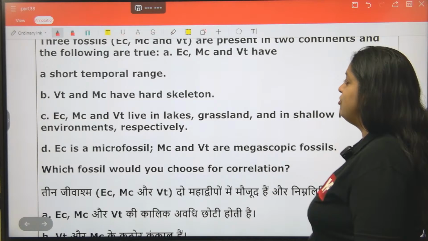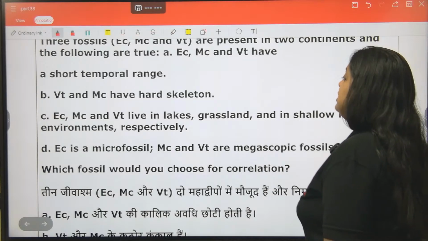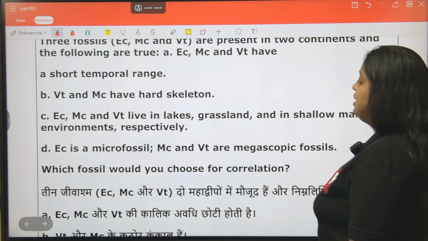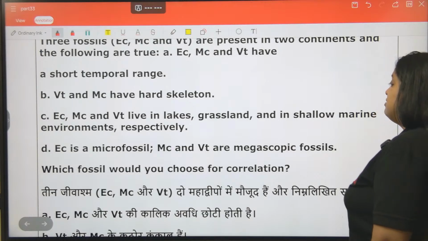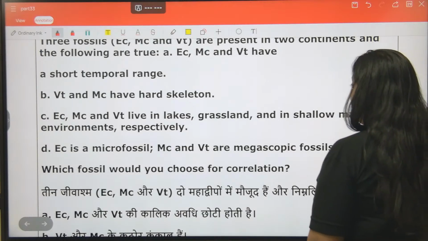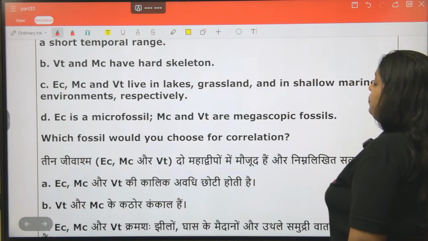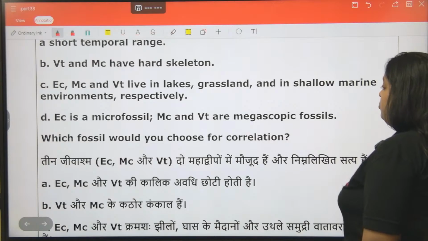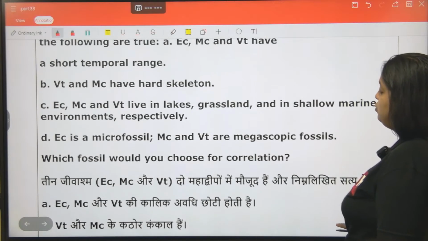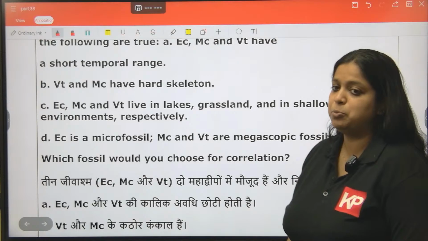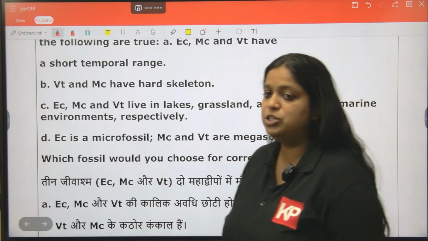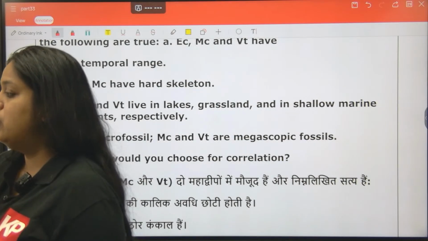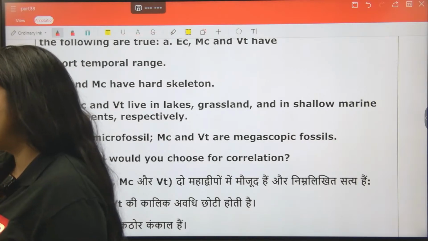VT and MC have hard skeletons. EC, MC and VT live in lakes, grassland and shallow marine environments respectively. EC is a microfossil, MC and VT are megascopic fossils. Which fossil would you choose for correlation purposes? This is the question.